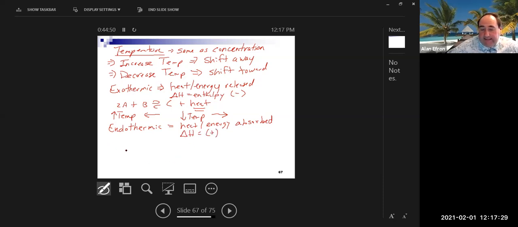And what that means is if you were to write that same reaction, heat and energy would be considered a reactant in that particular case, which means the opposite. If you increase the temperature, you're adding reactants, it will shift away. If you decrease the temperature, it'd be like removing reactants, it would shift towards it. Any questions on temperature there?